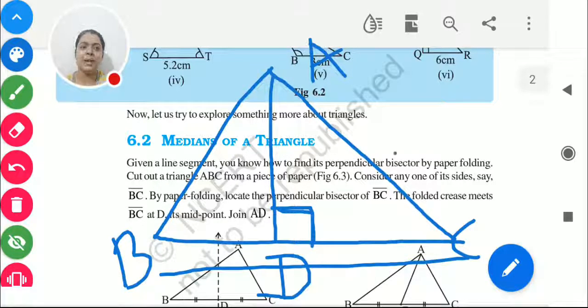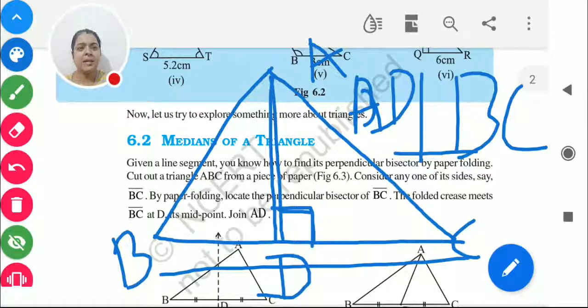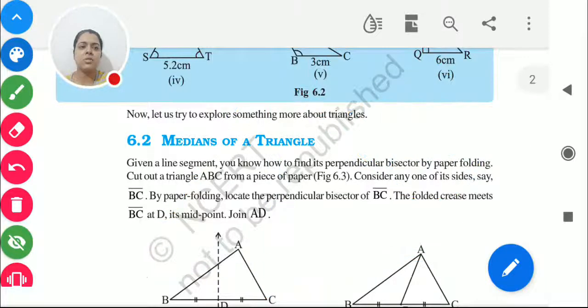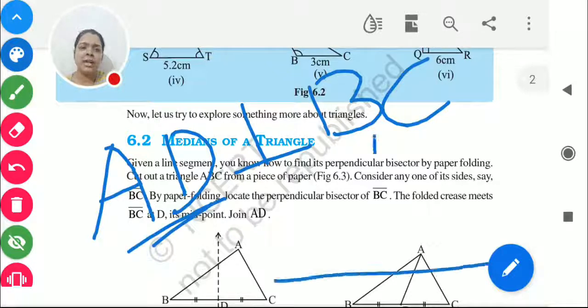So what is a perpendicular line? Here we find AD is perpendicular to BC. This is the angle. AD is the line which is directly perpendicular, making an angle of 90 degrees with BC.